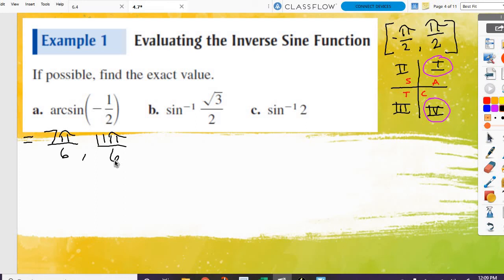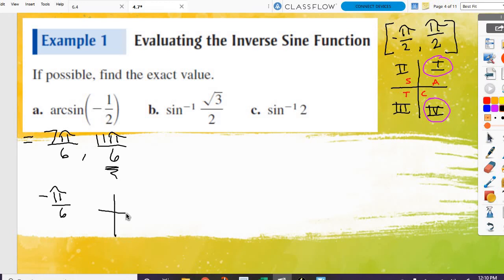Does that make sense? So we need to think about how we can convert it or find the coterminal angle, to get the negative angle that would be in the same spot. So we still want that same angle of 11 pi over 6, but we want to find the negative coterminal angle. Negative pi over 6.